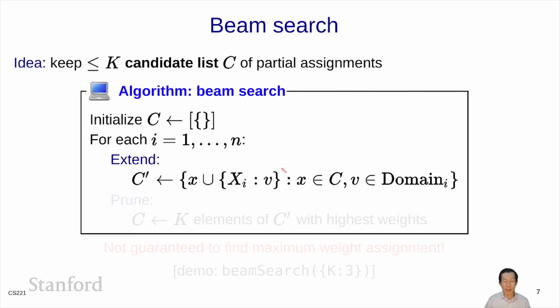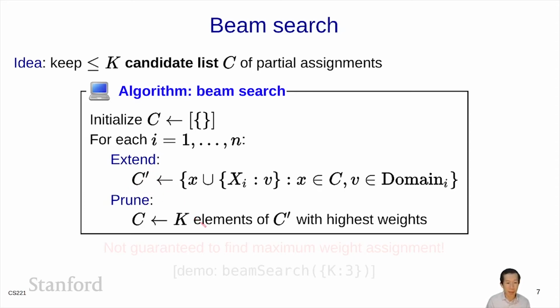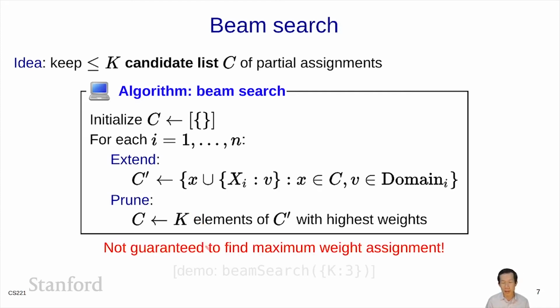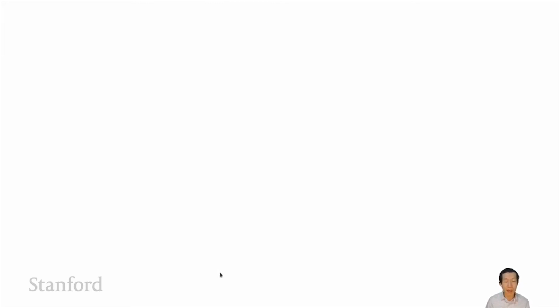I'm just going to keep track: C prime is going to be the new set of candidates. Then I'm going to prune that set by computing the weight for each element of C prime and just keeping the top k elements. Okay, so this is not guaranteed to find the maximum weight assignment either, but sometimes it works better.